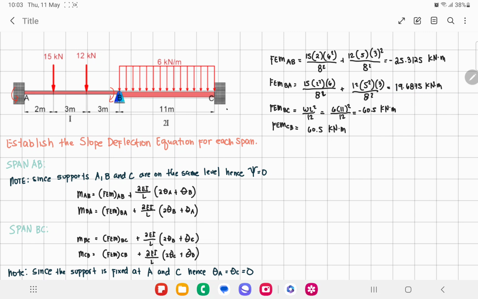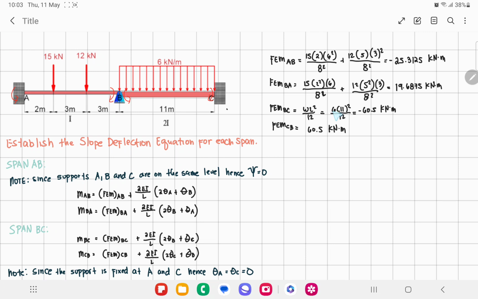Okay? And then, for the next end moments, we have this fixed-ended moment considering span BC. So FEMBC is equal to, since uniformly distributed yan na span to span, pwede natin siya gamitan ng shortcut, which is just WL squared over 12. Okay, for uniformly distributed span to span.